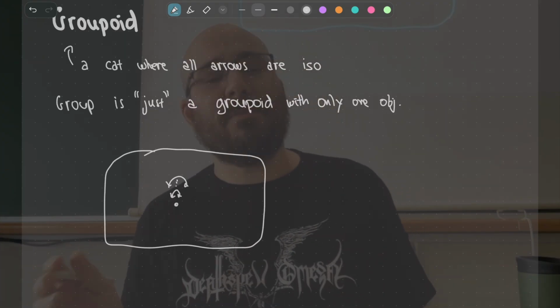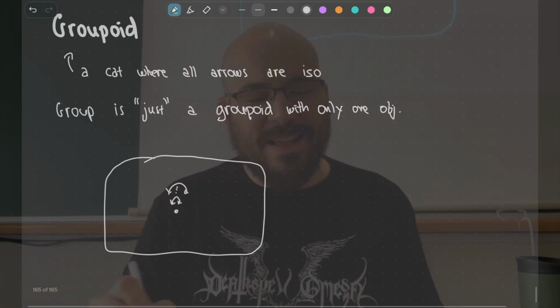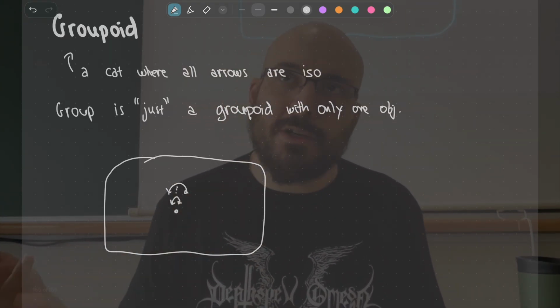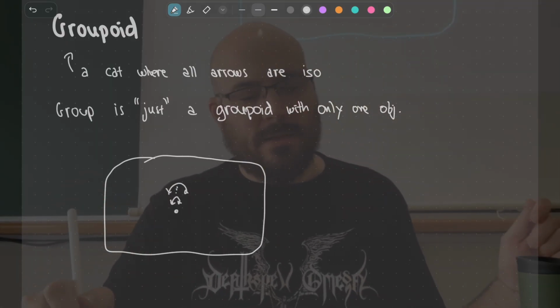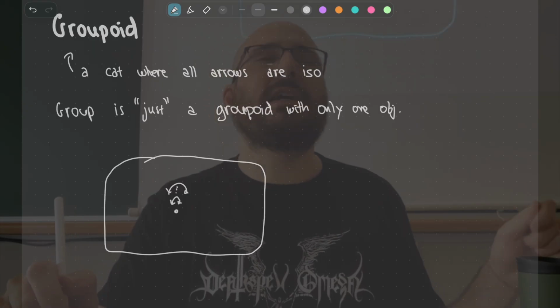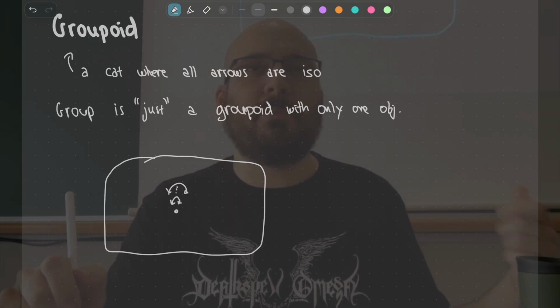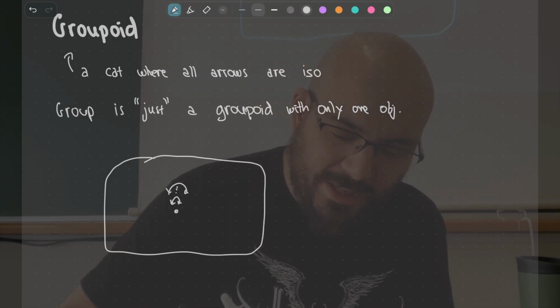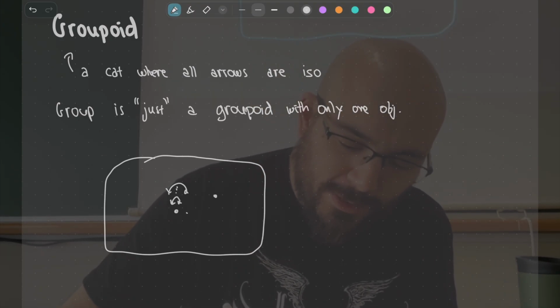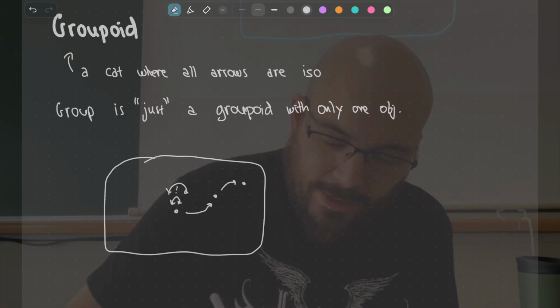Sometimes you will see a definition of a groupoid that relaxes the definition of a group in a different way, and this way is saying that the operation is not necessarily total. It's a partial operation. It's not a different definition, it pretty much amounts to the same thing, the idea being that in order to compose this with that, I need to check.